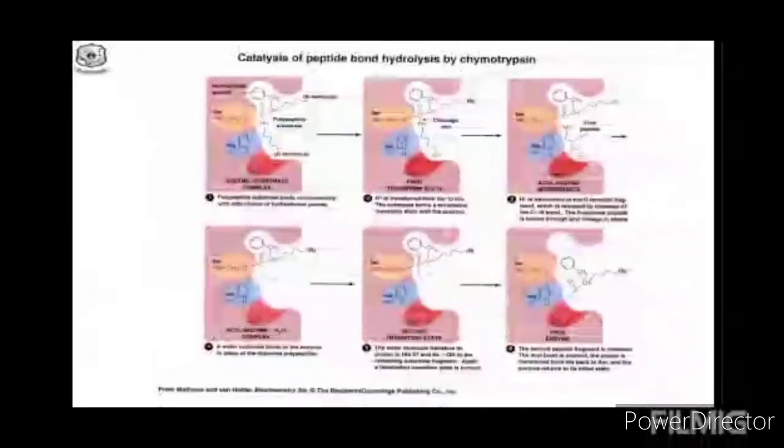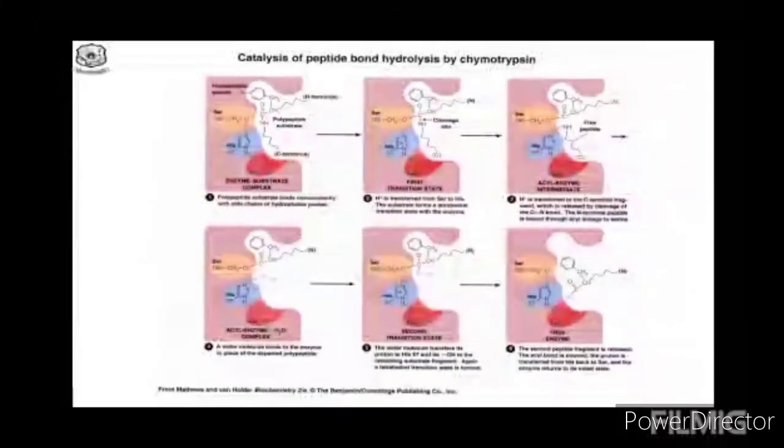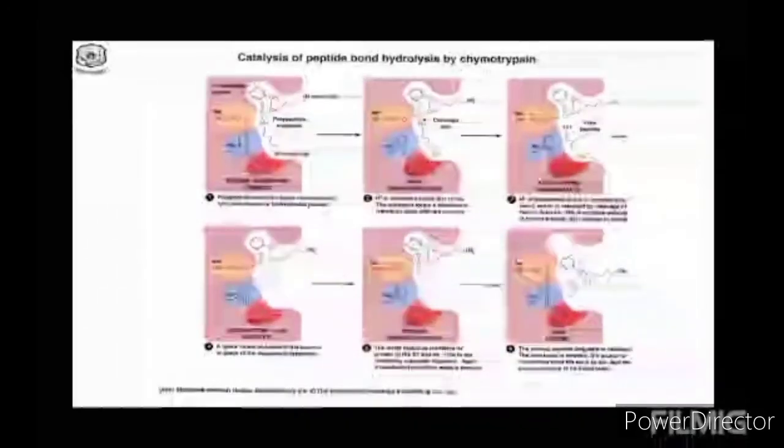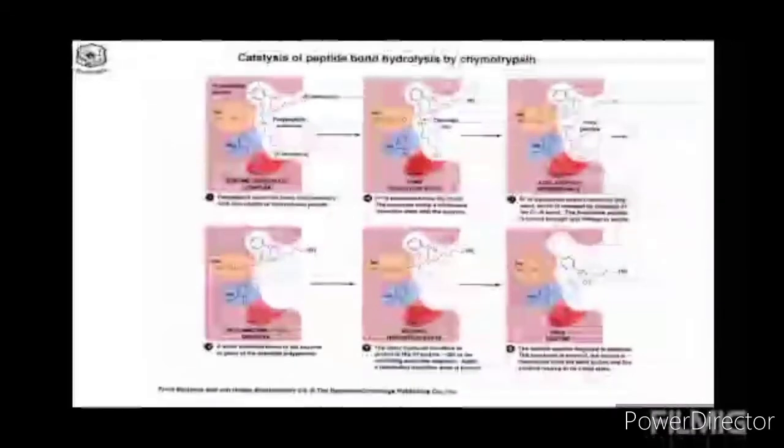The acyl bond is cleaved. The proton is transferred from histidine back to serine, and the enzyme returns to its original state. The total action is the splitting of the polypeptide chain into an amino fragment and a carboxylic acid fragment.